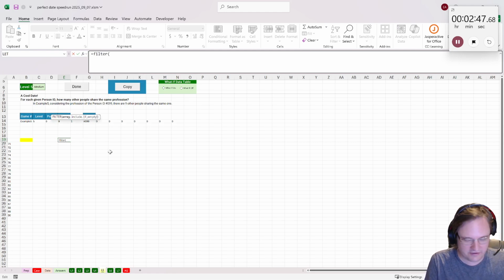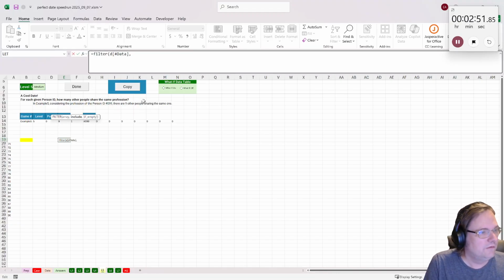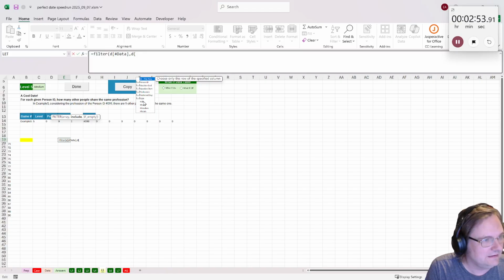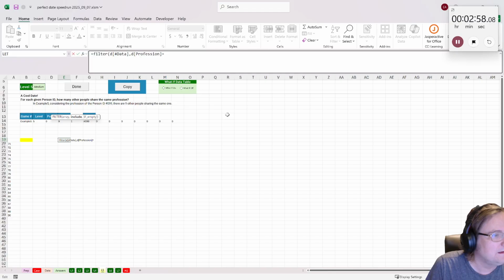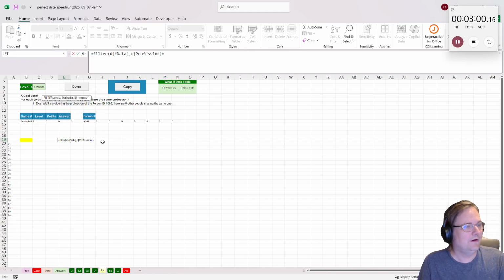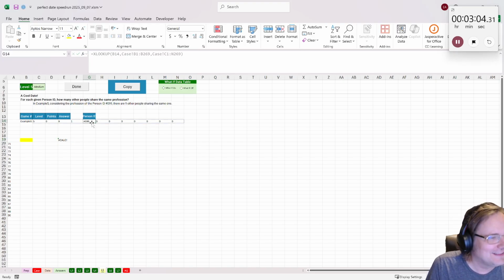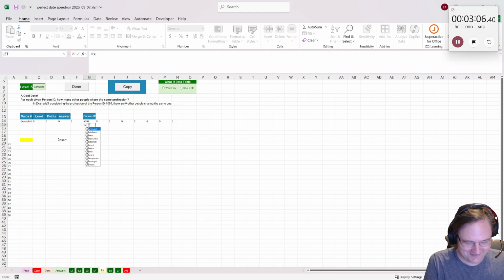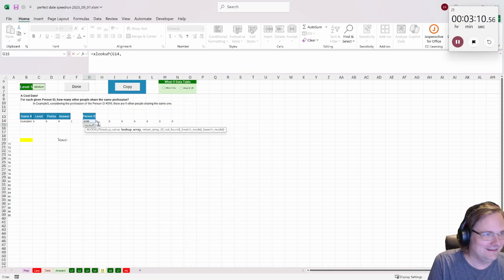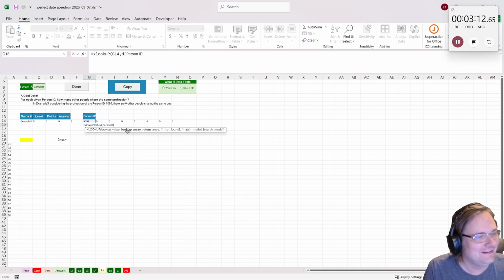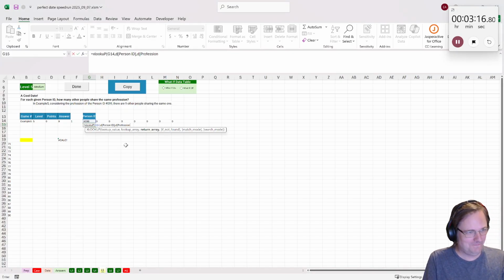So filter D data where D profession equals, well, I need to know that person's profession, don't I? Okay, that was what I was supposed to XLOOKUP. Let me do that over here. So equals XLOOKUP this on D person ID, returning D profession.